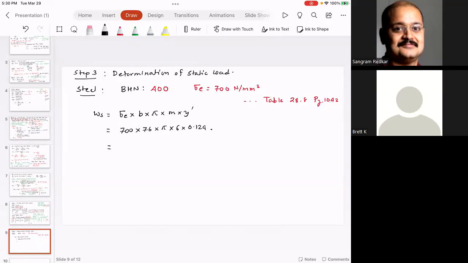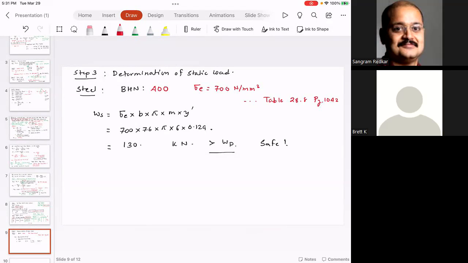With this, tell me what answer do you get? Kilonewton. Is that right? 130 kilonewton. Which is much greater than WD. So the design is safe.